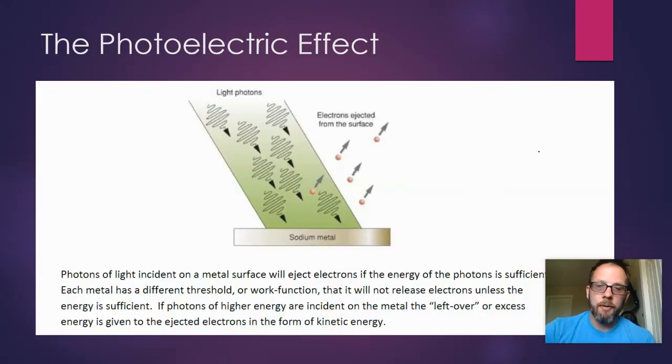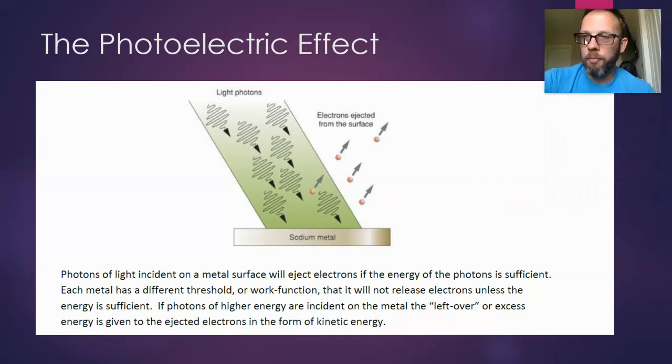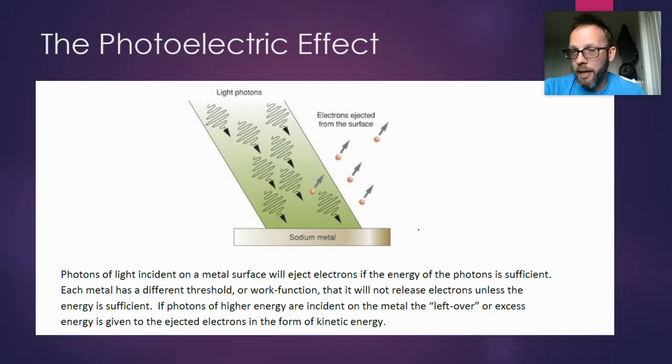So what is the photoelectric effect we've been talking about? Well, it turns out if you shine light onto metal, that metal is going to eject electrons. Now, this doesn't happen with any light. Every metal has its own little threshold where if the light has a high enough energy, it's going to emit electrons.